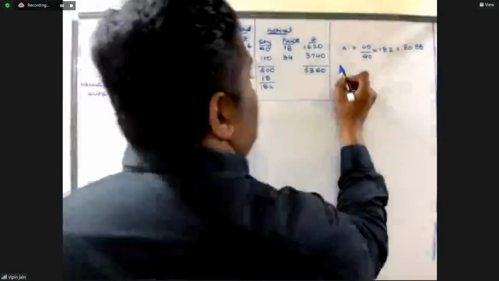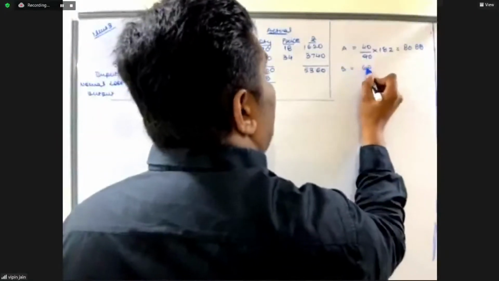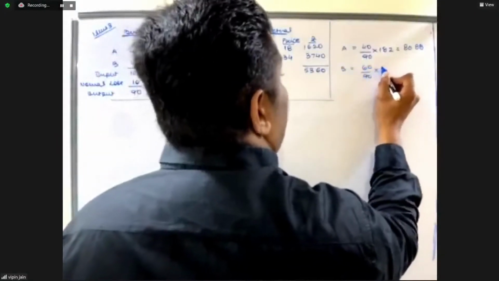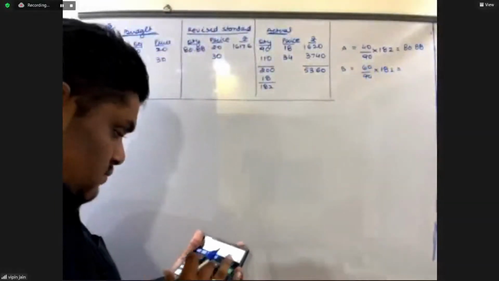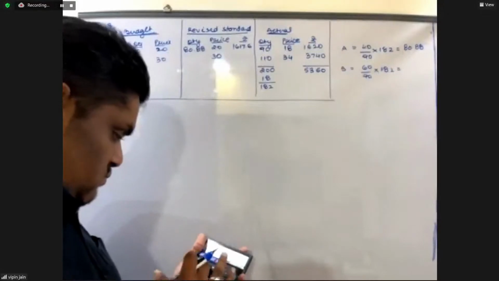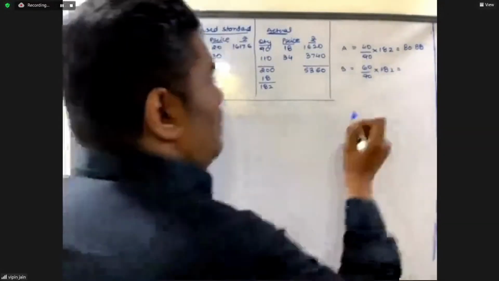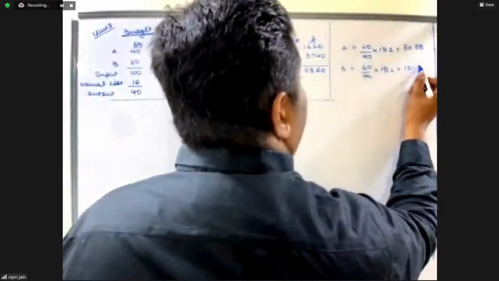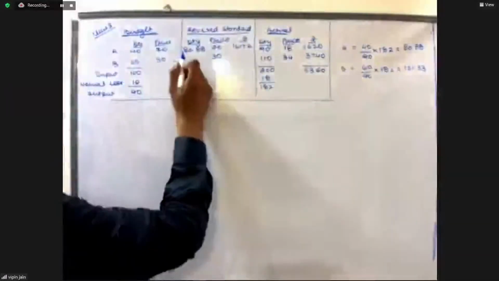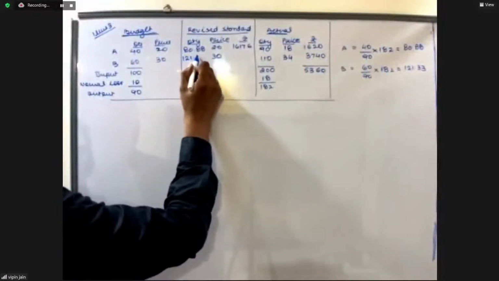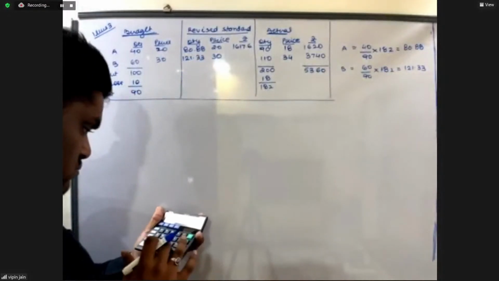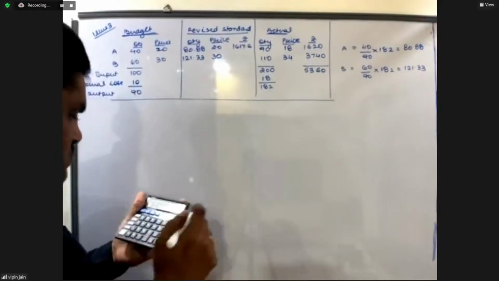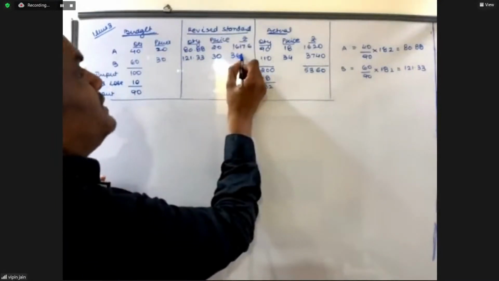Similarly, 60 inputs for 90 output. So for 182 output, how much? 121.33. This will be 3640.